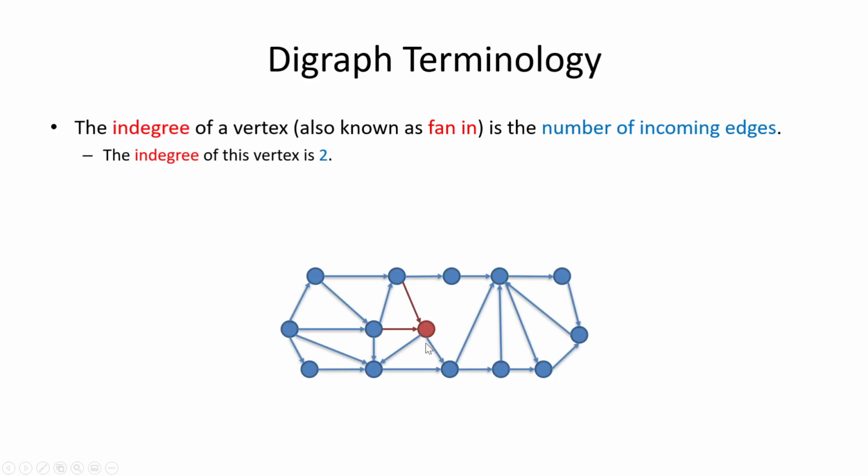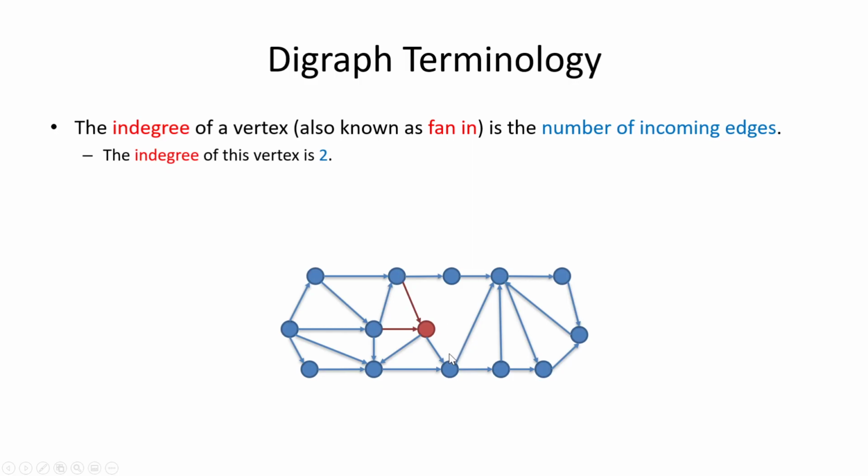We could still say the degree of this vertex is 4, but when we have a directed graph, we can now talk about the degree of edges coming in and the degree coming out. These are what we call incoming edges, and the number of incoming edges is what we'll call the indegree, also known as fan-in. This is borrowed from circuits, where circuits are just one example of a graph, where our nodes are circuits and our connections are just edges connecting the circuits together.